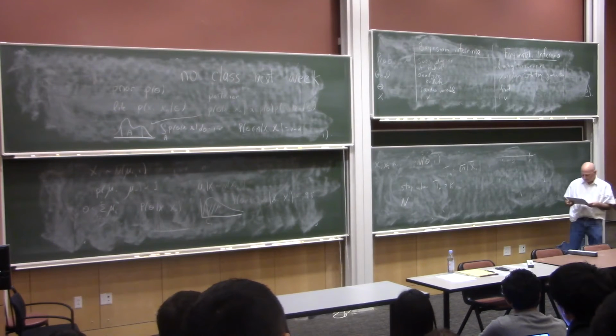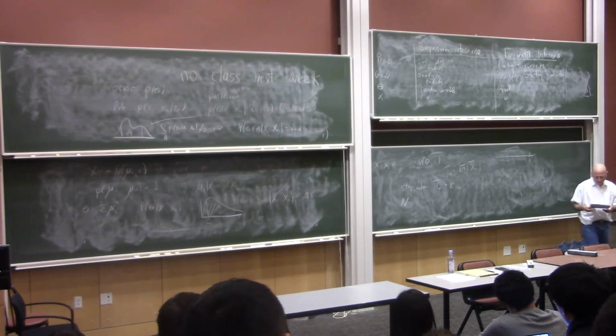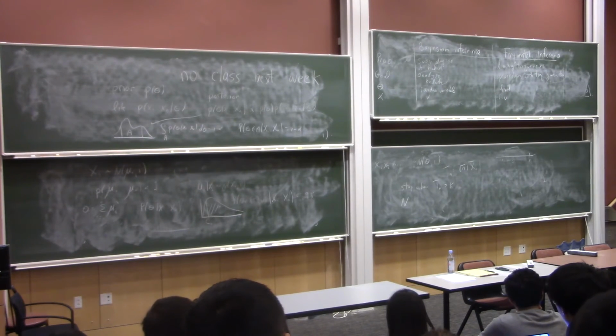But something interesting happened. First of all, there's a question of will this ever stop? Suppose the truth was actually 0. Suppose theta was 0. Will this ever stop? Maybe it'll never get that big, because after all, x bar should be pretty close to 0, right?